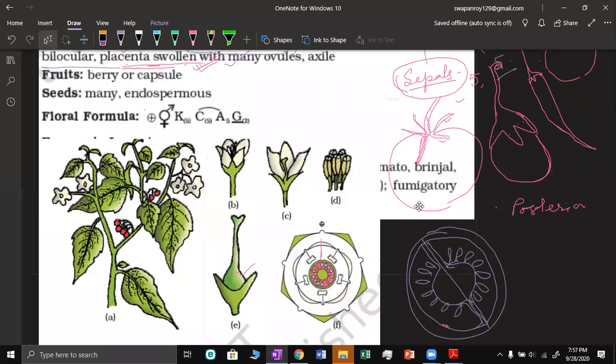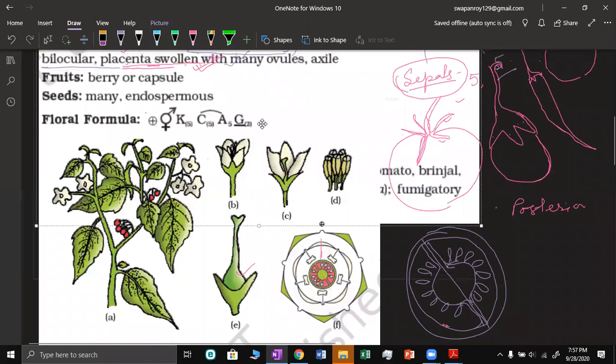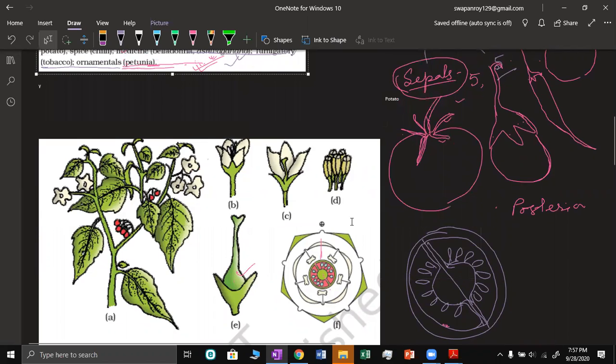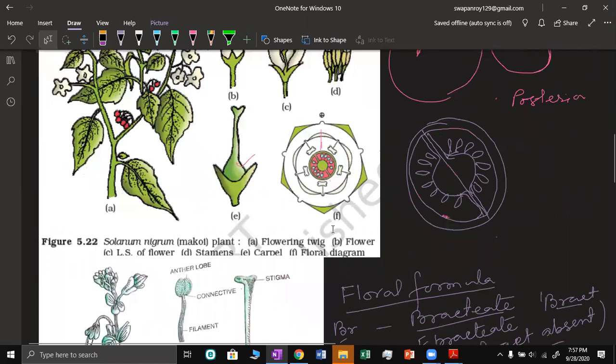I think now it is visible better. Okay. So next thing comes. Next thing, let us say, is called the floral diagram.